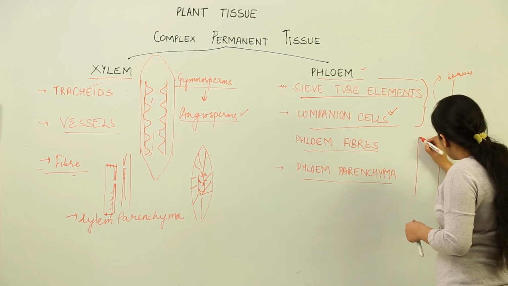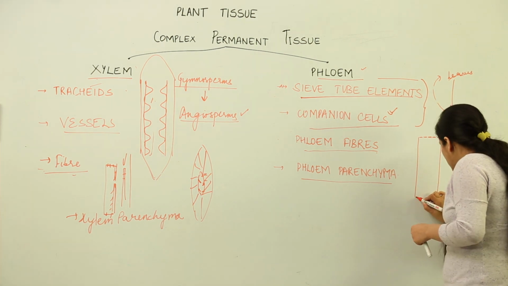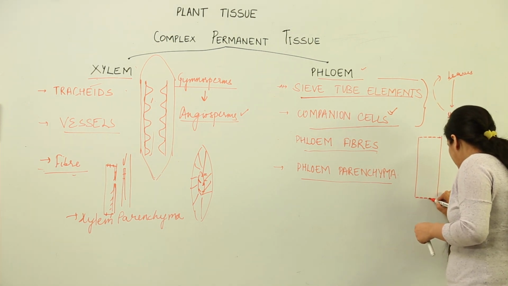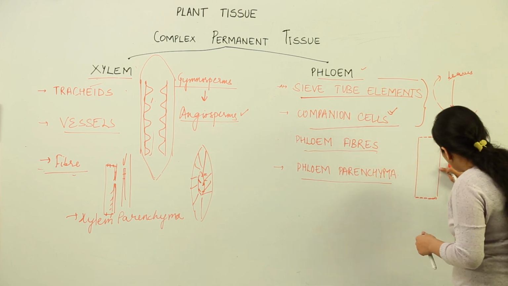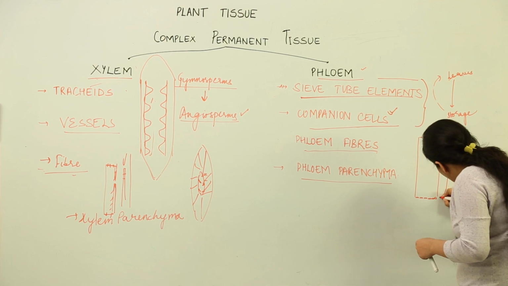They have perforated sieve pores present at their ends, and through pits they have connection with a large companion cell.